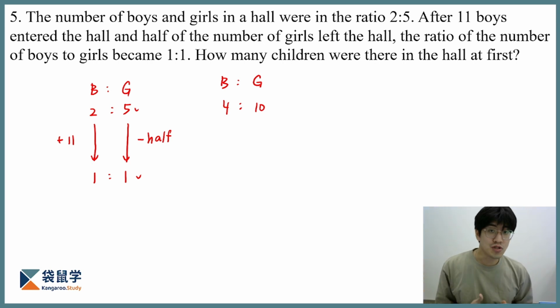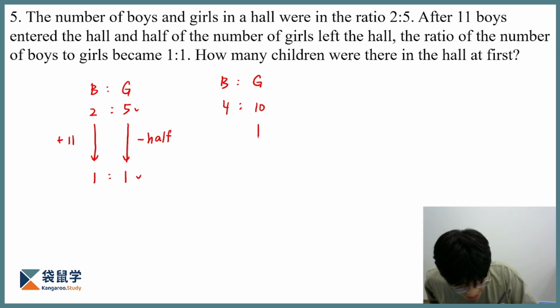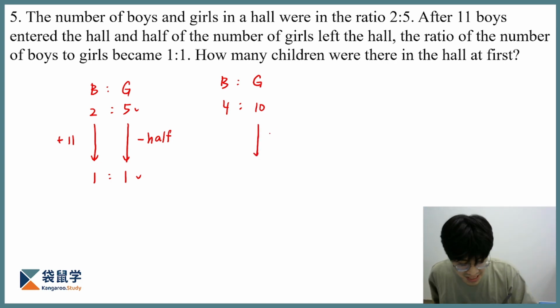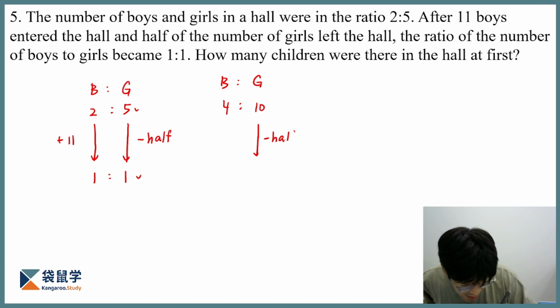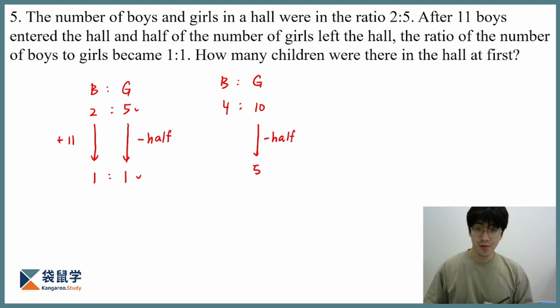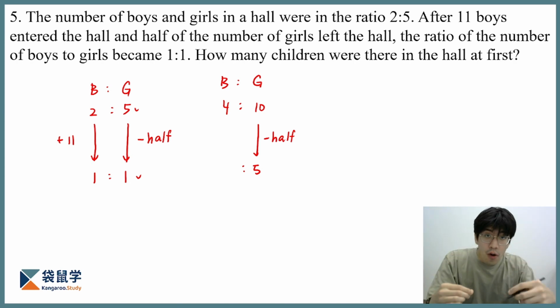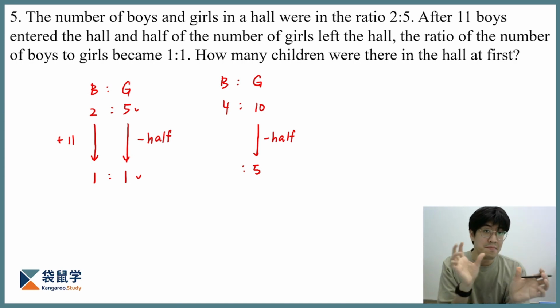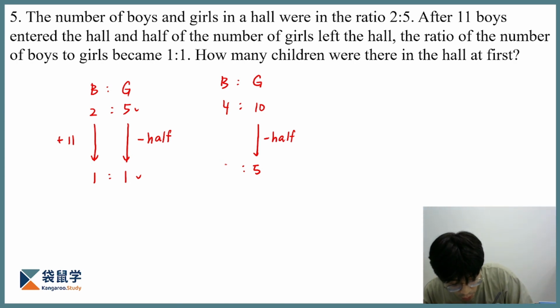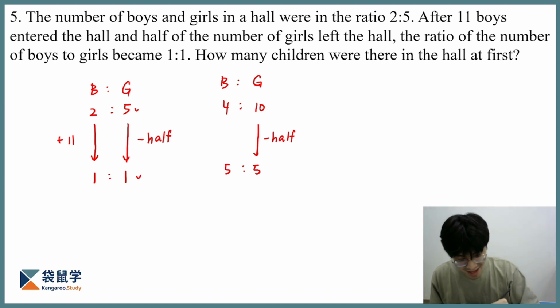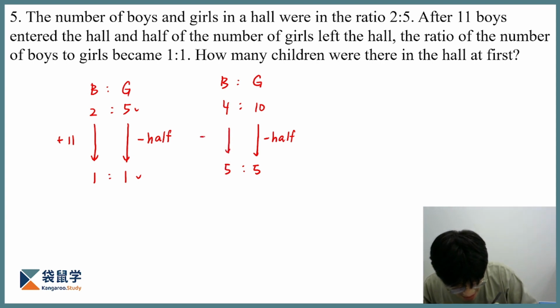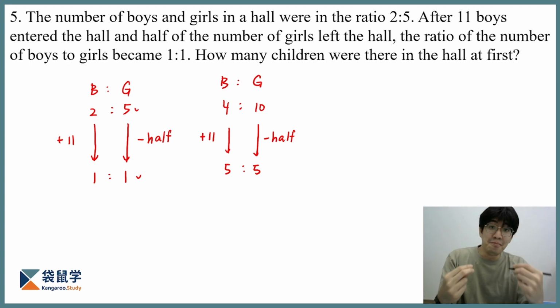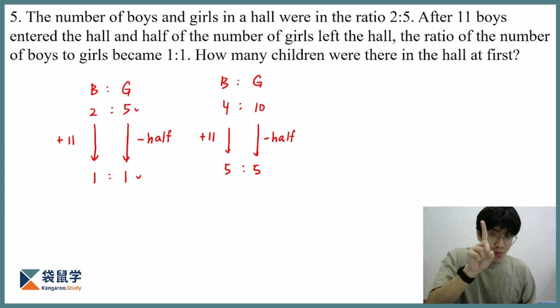And now if the girls decrease by half, then I should get 5 units. Since in the end the number of boys and girls is 1 to 1, meaning they must be the same, the boys would also be 5. So we can see that the increase of 11 boys corresponds to 1 unit.